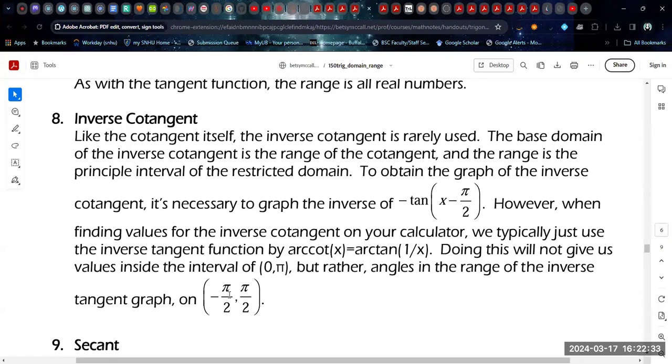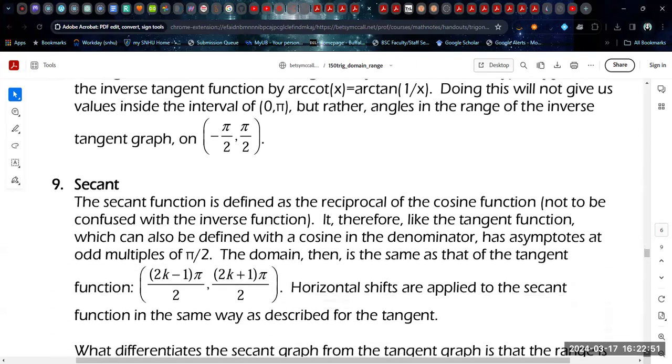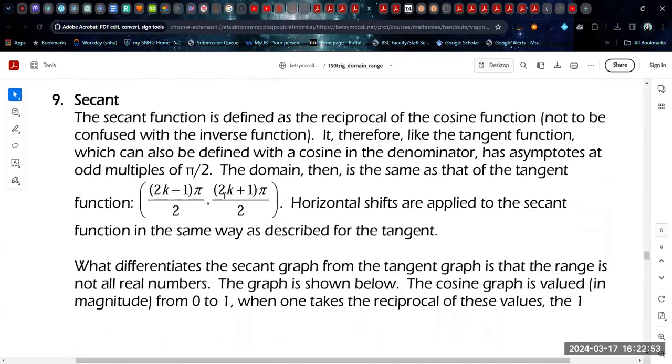So you do have to be a little bit careful when graphing any of these inverse cotangent, inverse secant, or inverse cosecant functions, because you have to use ones that are available, and the domain and range won't always match up, particularly for the inverse cotangent. Now for the secant, it's going to have the same domain and range as the tangent, because both of those functions have cosine in the denominator.